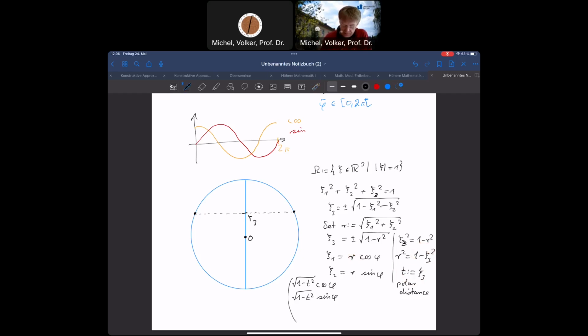And the last coordinate certainly is the x3 coordinate, which would be simply t. Now that's how you do it on the unit sphere. If you're at a sphere of a different radius, you just have to multiply it with the radius of the sphere, which I call r here.